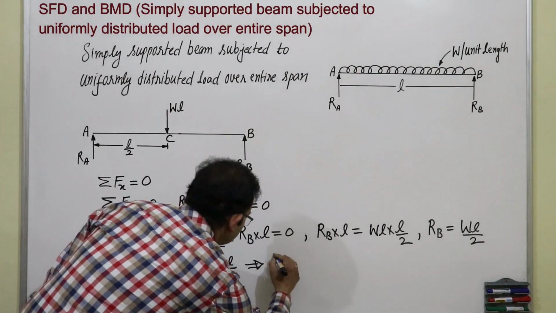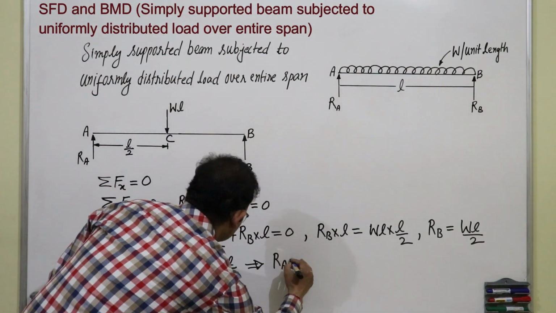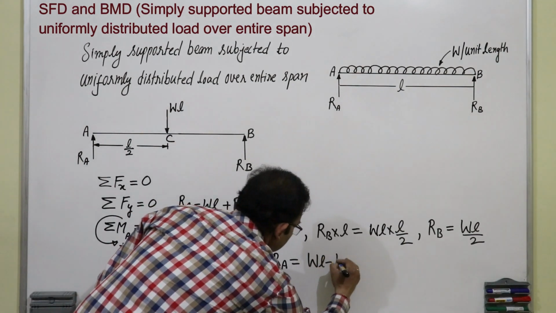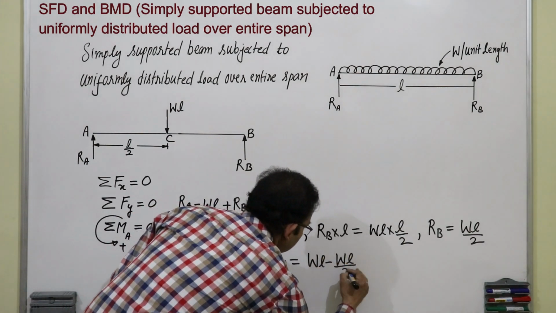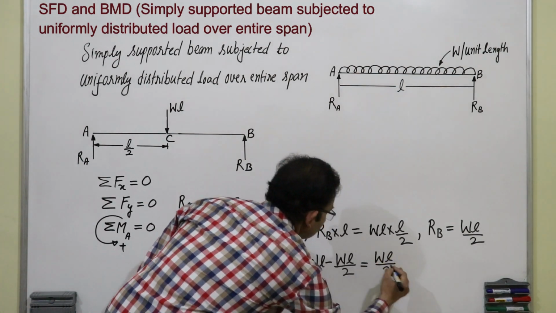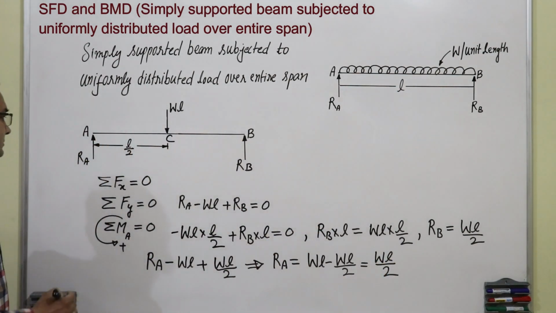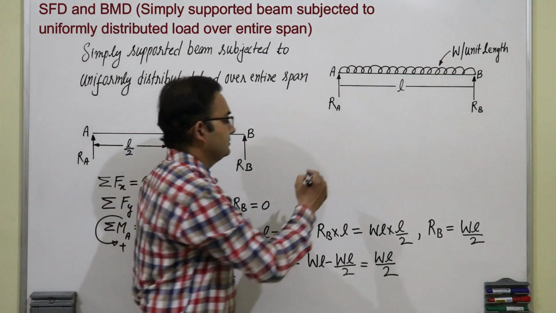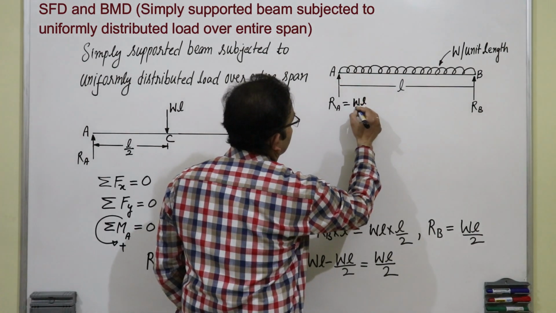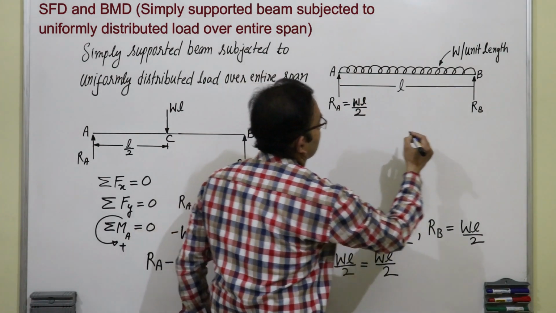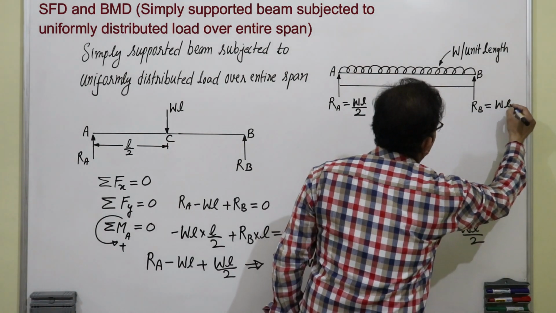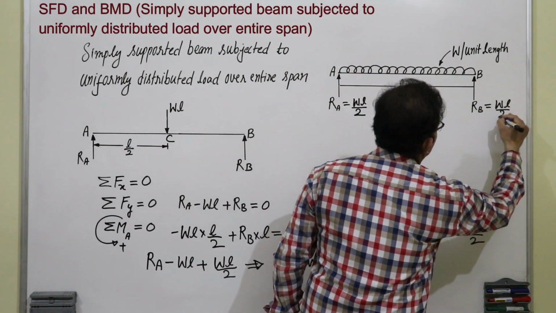So, RA equals WL minus WL by 2 equal to WL by 2. So, we can write here RA equals WL by 2, RB equals WL by 2.